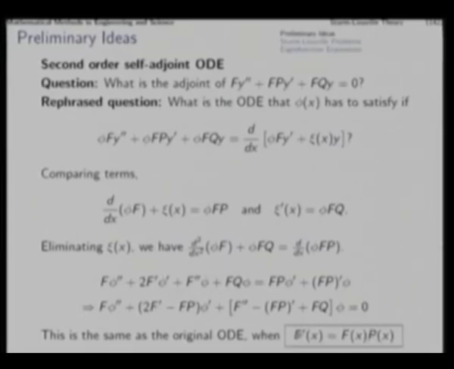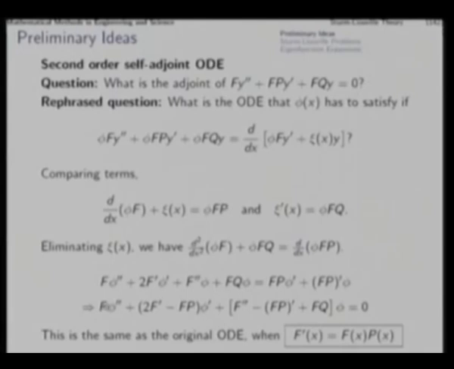And if F prime is equal to Fp, then here you see this is Fp. So, if it is F prime, then F double prime and this F double prime will cancel each other, and what will remain is Fq, which is the same as here. That means satisfaction of this single simple condition will ensure that this differential equation turns out to be exactly the same as this differential equation.